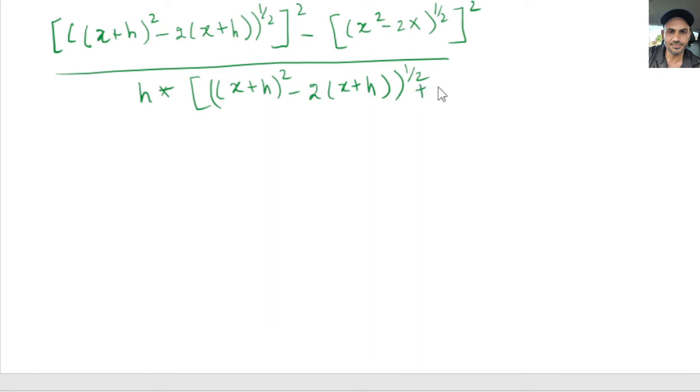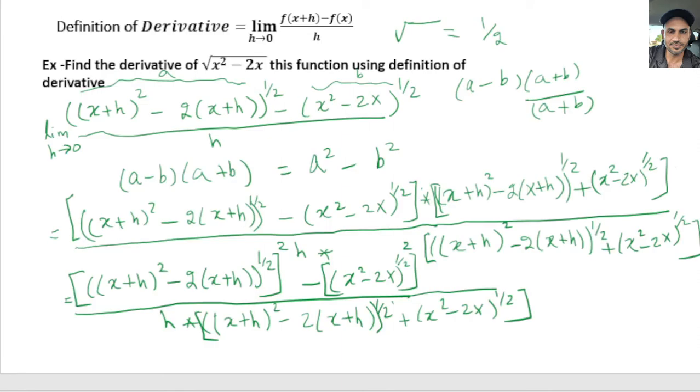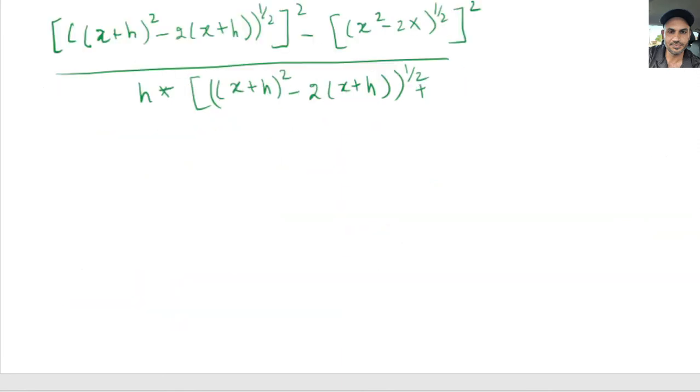Plus, let me see if I made a mistake in the previous one. No, actually it's good. Okay. Plus, we had this x squared minus 2x raised to 1/2 right here.